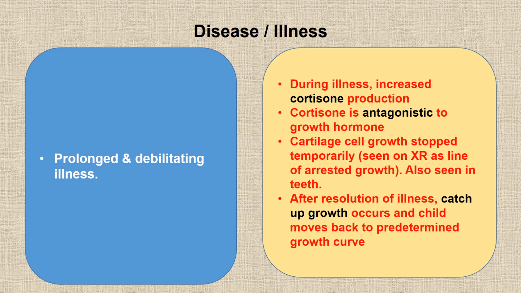This cortisone causes arresting of cell growth, as can be seen on X-rays as arrested growth. It can also be seen in the teeth as arrested development of the teeth. After resolution of the illness, catch-up growth occurs and the child moves back to the predetermined growth curve.